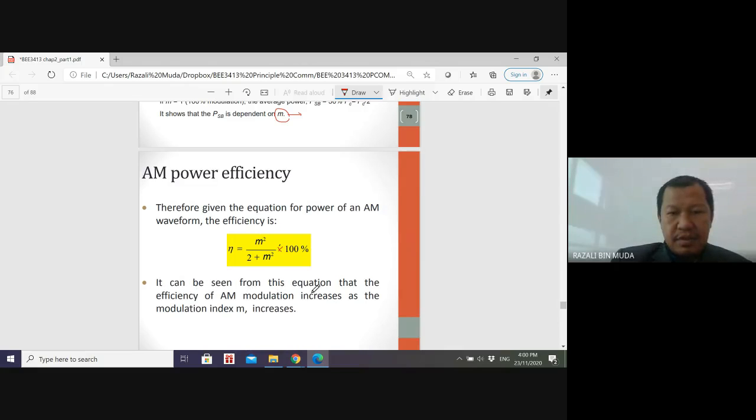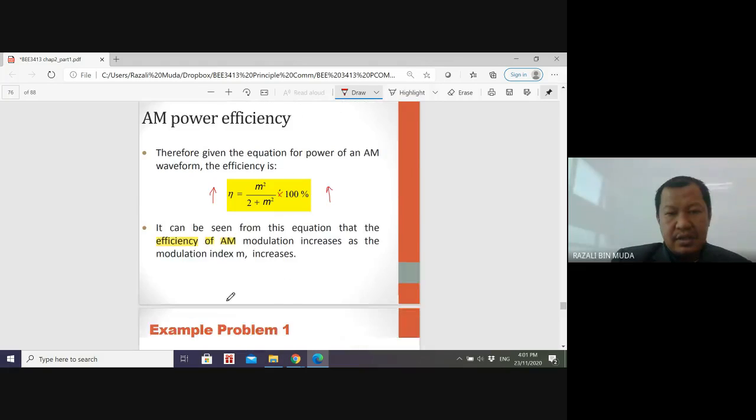It can be seen from this equation that the efficiency of AM increases as the modulation index increases. So when m increases, the modulation index increases, the efficiency increases.